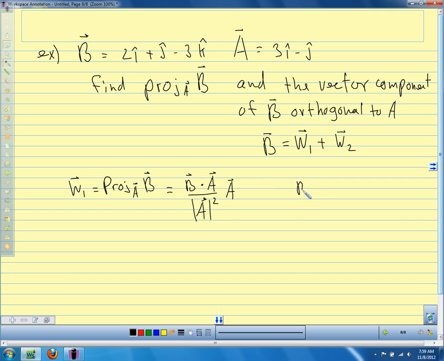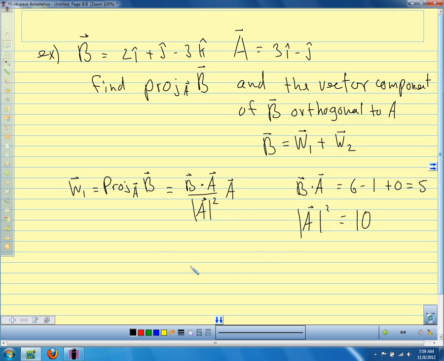So let's calculate our quantities. B dot A is going to give us what? 6 minus 1 plus 0, so we get 5. The magnitude of A squared is going to give us 3 squared plus 1 squared. We get 10.